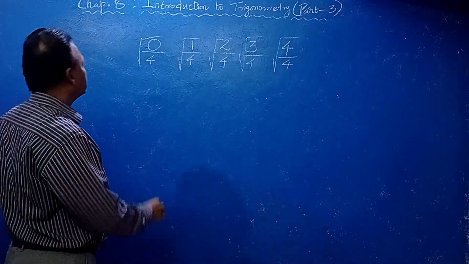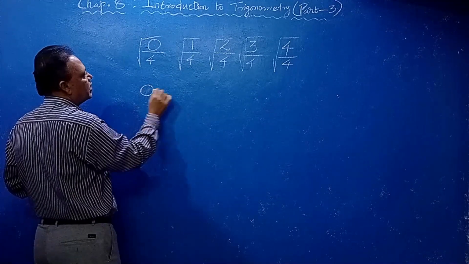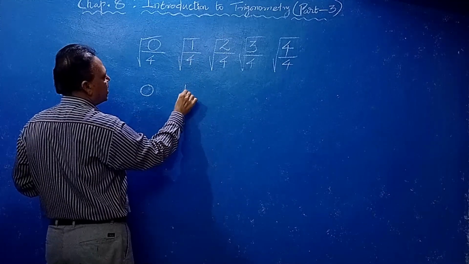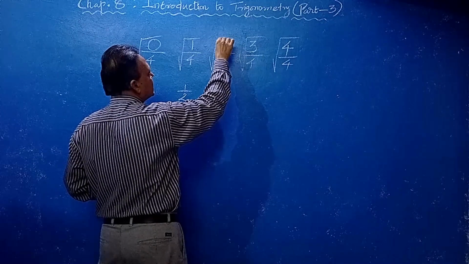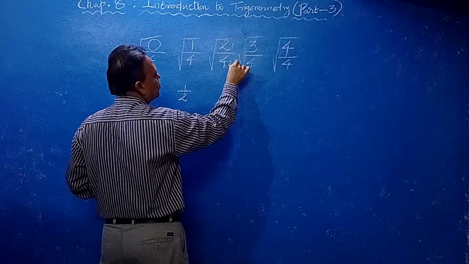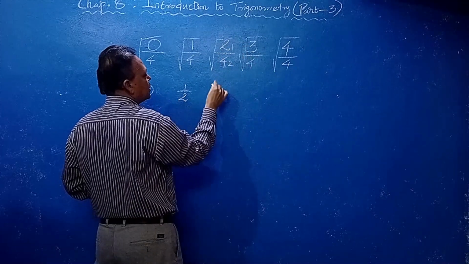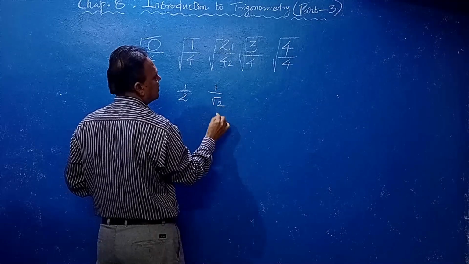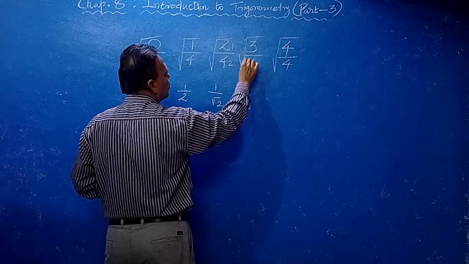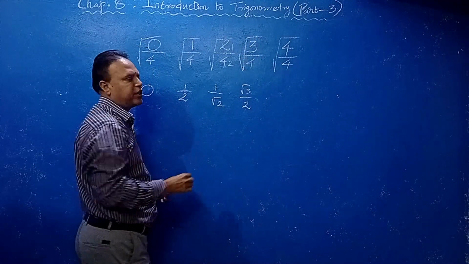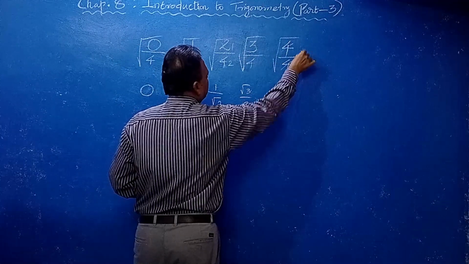Now simplify and write. 0 by anything is 0, root is 0. 1 by 4, square root is 1 by 2. 2 by 4 can be written as 1 by 2, whose root is 1 by root 2. This is root 3 by 2. Take the square root of the numerator and denominator separately. Numerator root is root 3, denominator is 2. And 4 by 4 is 1, root of 1 is 1.